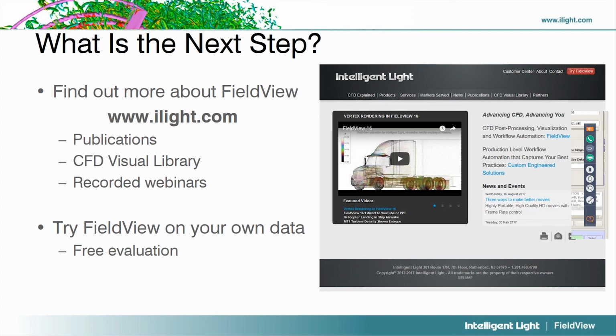And it's not a strength in open source tools where a reader is going to be written by someone in a university. So at Intelligent Light, we take responsibility for all the readers that are in FieldView and make sure that they're high quality and high performance. So that's just two differentiators, but I think it summarizes quite well the difference between the tools.